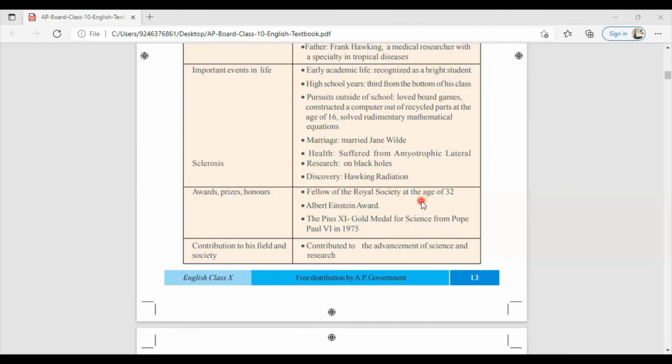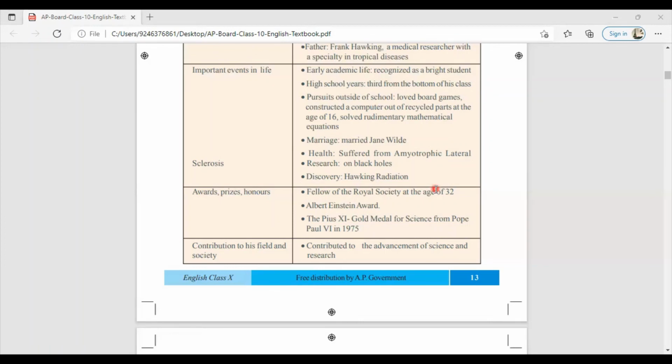What did he achieve? In the field of science, in spite of his prolonged illness, he was suffering from amyotrophic lateral sclerosis. You can also write that it was an incurable disease at that time. Since he was 17 years old, he has been suffering from that.